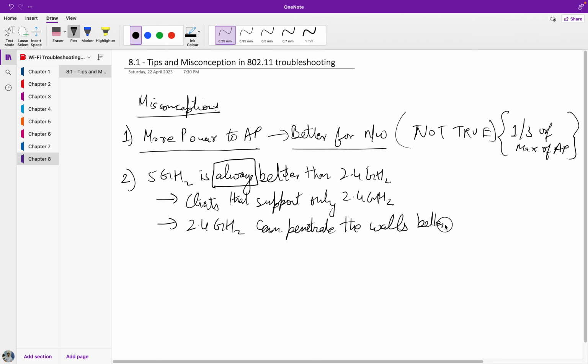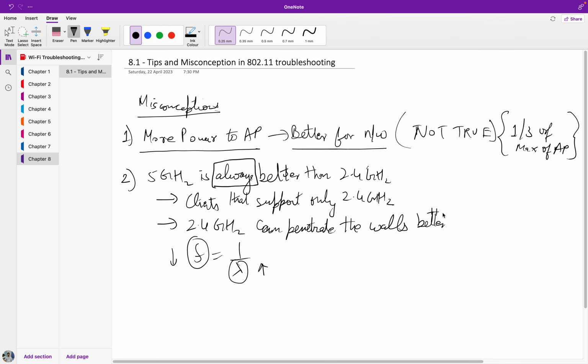I'll just show that to you once again. As you know, frequency is equal to the inverse of wavelength. So frequency is less, which means wavelength is more, which means it can penetrate through walls a lot better than 5 gigahertz. So in scenarios where the customer is not very keen to deploy a lot of access points, you want to make sure you can reach as far as possible.